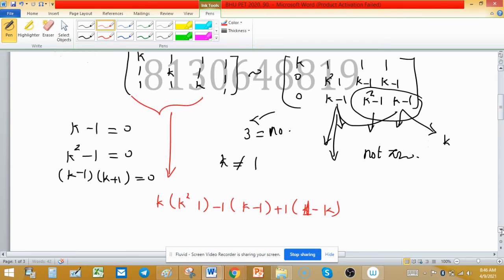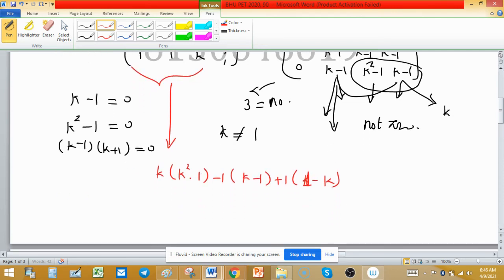This is equal to k cube minus k plus 1 minus k. This means k cube minus 3k plus 2, and the determinant should not be equal to 0 because if the determinant is 0, it is a lower rank matrix.